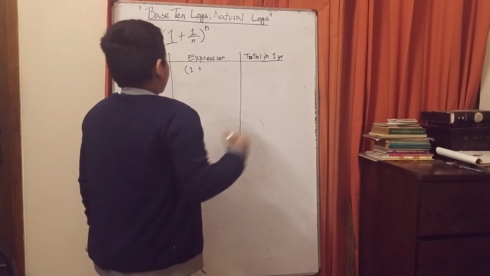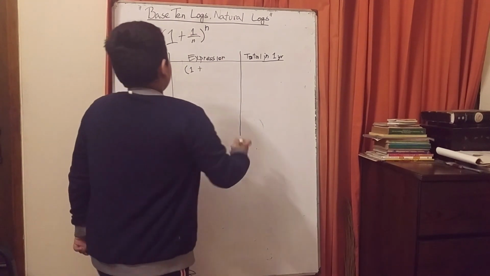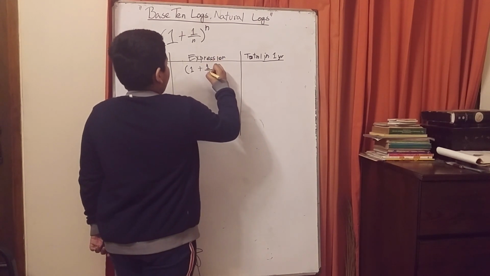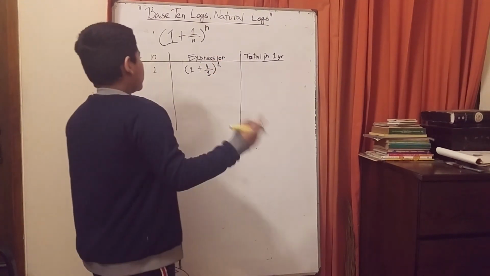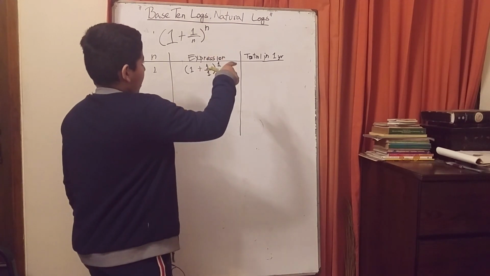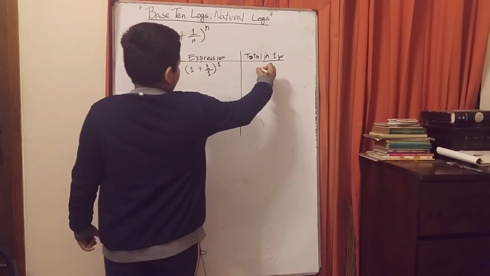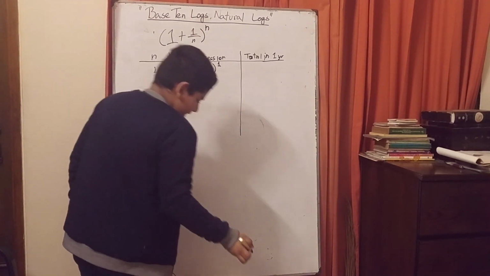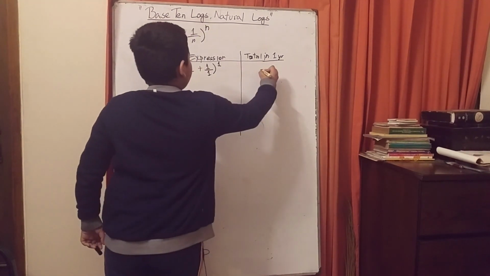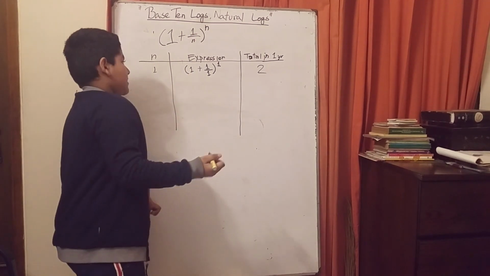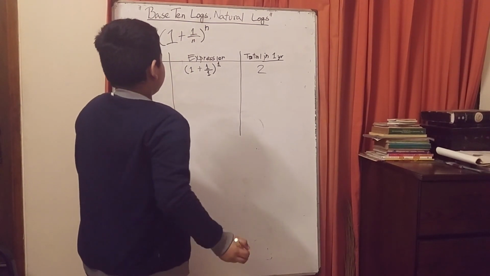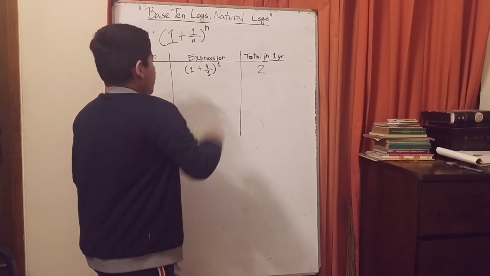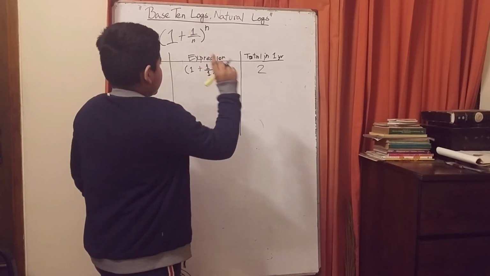Now let's say your raise will be once a year. So the expression will be 1 plus 1 over 1, all to the power of 1. Now if we do all that, we will get not 1 but 2. Yes. This might be a common mistake, but 1 over 1 is 1, and 1 plus 1 is 2. 2 to the power of 1 is 2.